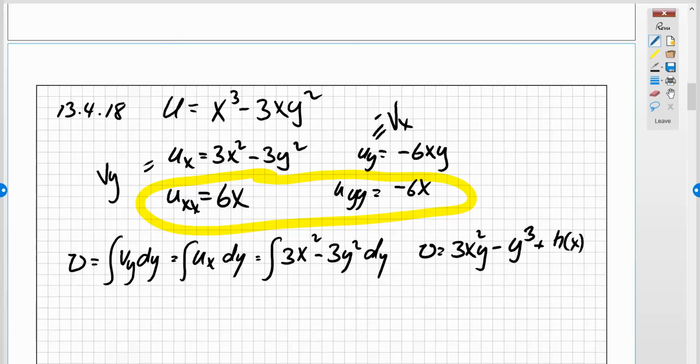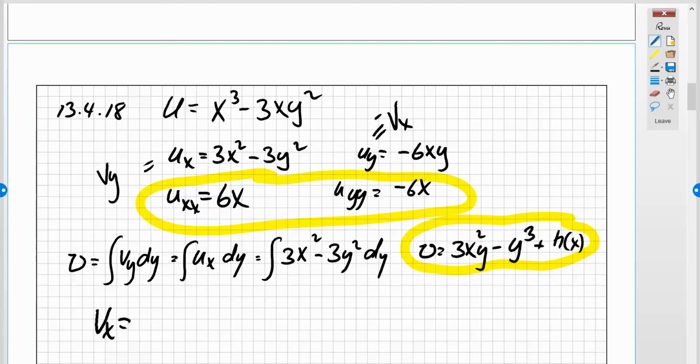So there is v, but remember we have dv dx right here, and so using this v that we just wrote out, we'll take its derivative with respect to x.